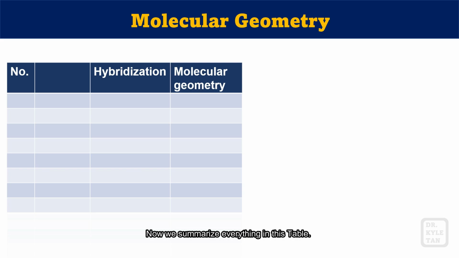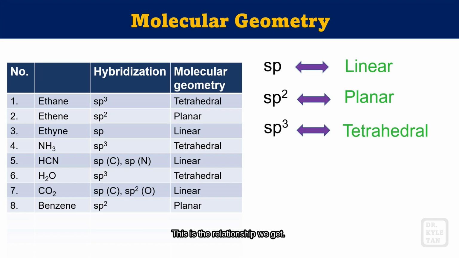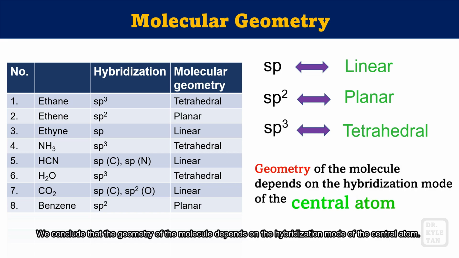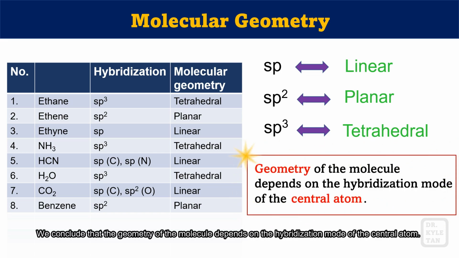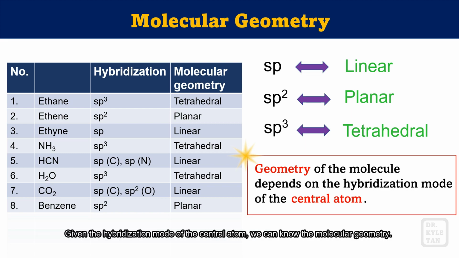Now we summarize everything in this table. This is the relationship we get. We conclude that the geometry of the molecule depends on the hybridization mode of the central atom. This is a two-way relationship. Given the hybridization mode of the central atom, we can know the molecular geometry. On the other hand, given the molecular geometry, we can know the hybridization mode of the central atom.